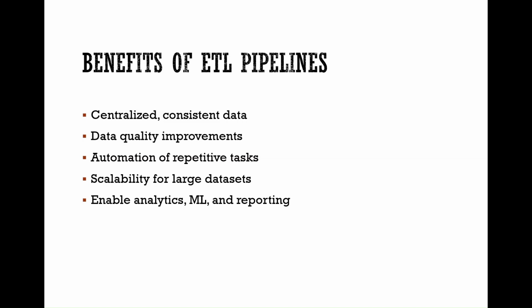On scalability, ETL pipelines are majorly designed to handle large data sets. It doesn't sit like a duck if a large amount of data is thrown at the pipeline. So it is efficient, and when we talk about GCP, it's really efficient.